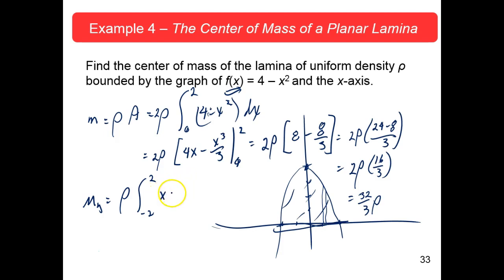X. F of x minus g. Yep. That's it. So this will be rho, integral from minus 2 to 2. Multiply that through first, and what do you get?